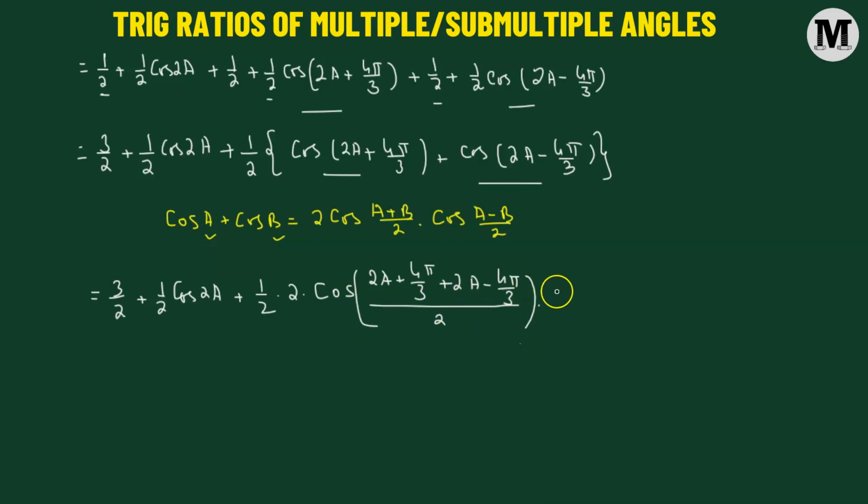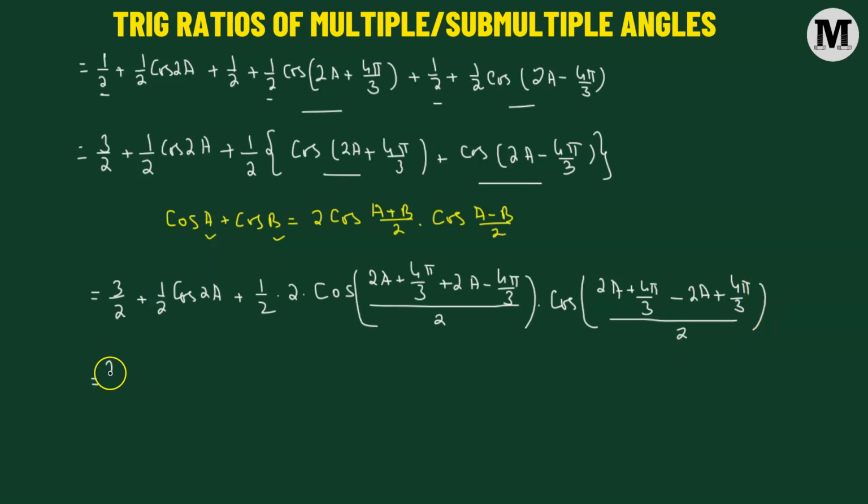Then this will get multiplied to cosine of the angle, we have 2a plus 4 pi over 3, and from that we subtract (2a minus 4 pi over 3), whole divided by 2.